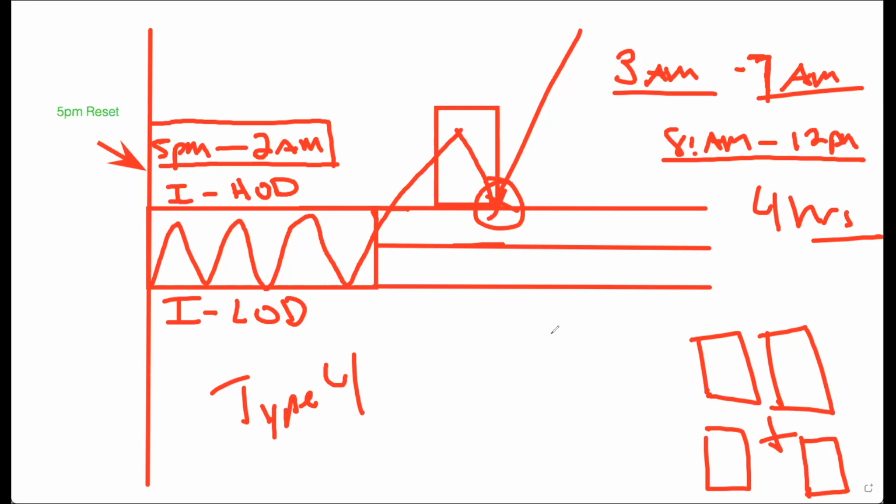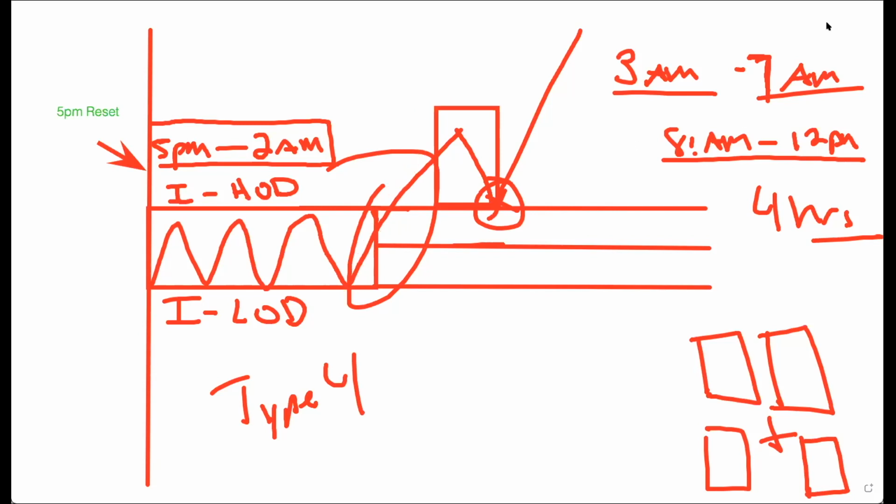So the difference between the type 3 or the type 1 and type 4s is a move that happens literally at the end of the Asian session. So this right here is what gives it away. This sharp move that happens super early. You'll wonder how come this move started so early during the Asian session?